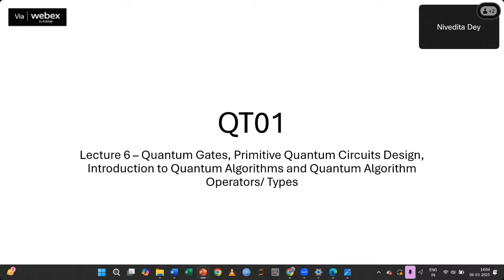Then we will look into the very introduction to quantum algorithms and how it differs from the classical algorithm, and what are the different types or operators in the quantum algorithm. There are different types of it. For example, in classical we have, say, dynamic programming. You can think of it as an operator, or say for example greedy, backtracking.